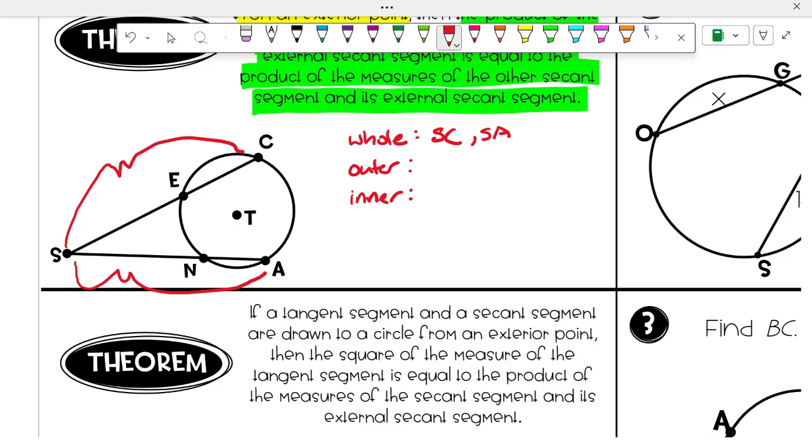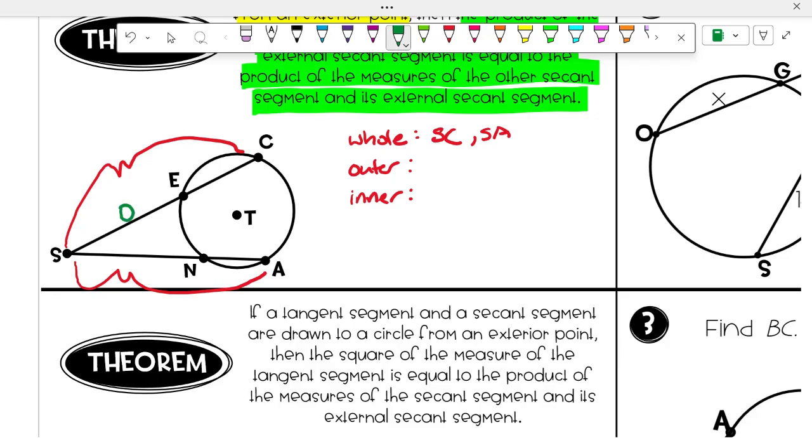Outer. All right. If I say outer, what do you think it's going to be? Outside the circle. So I'm talking about the segment of the whole that's outside the circle. What part of the whole SC segment is outside the circle?